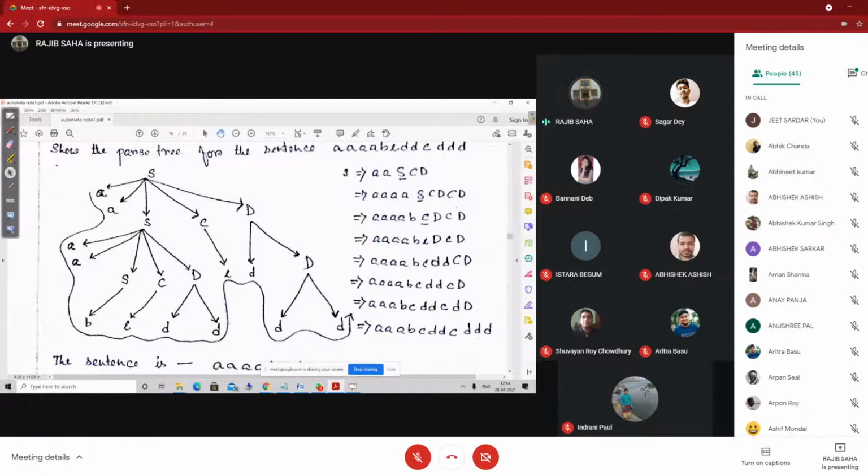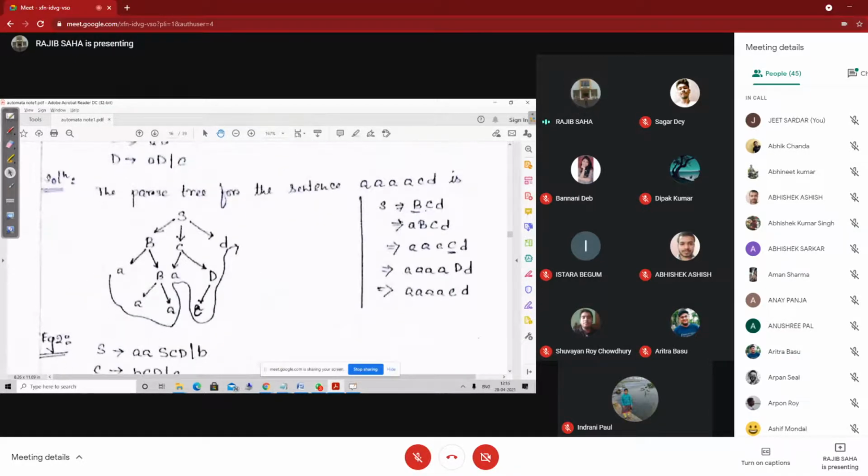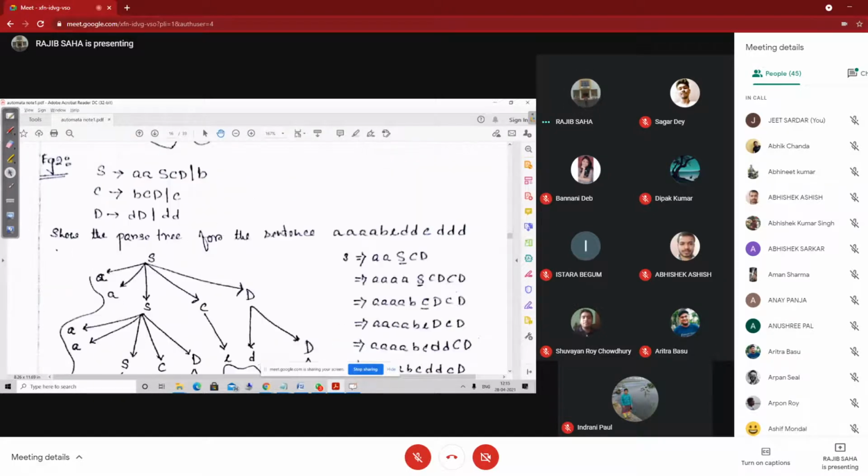See here, this line, the line which follows through the terminals of the tree. This arrow which follows the terminals of the tree is called the yield of the parse tree.